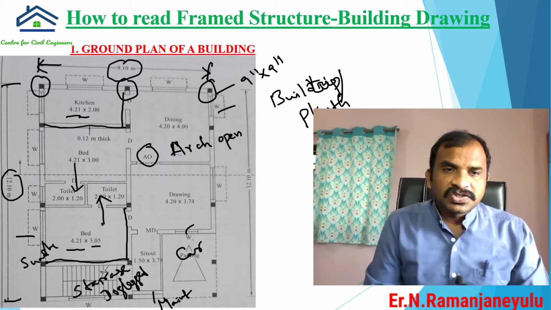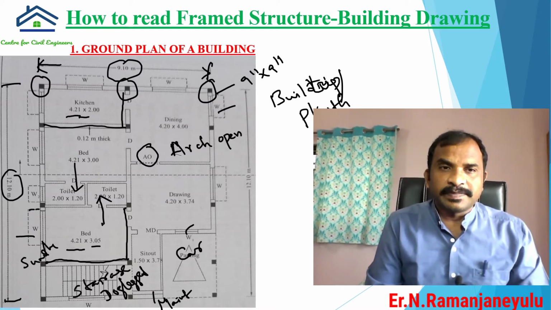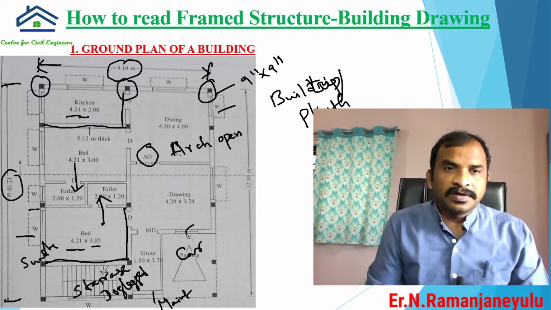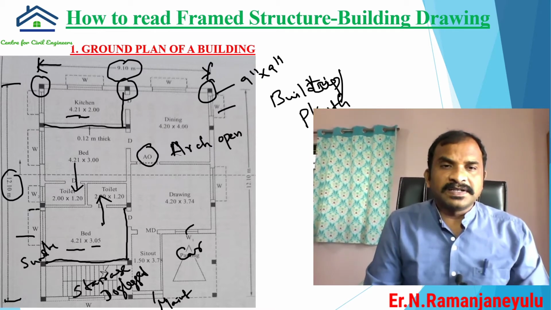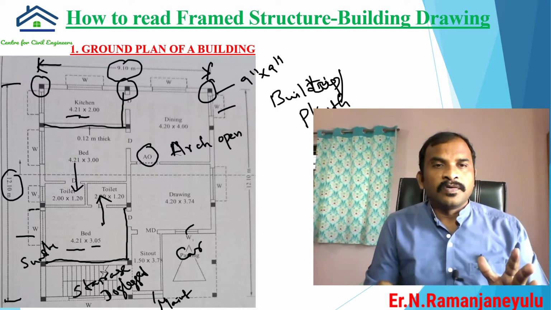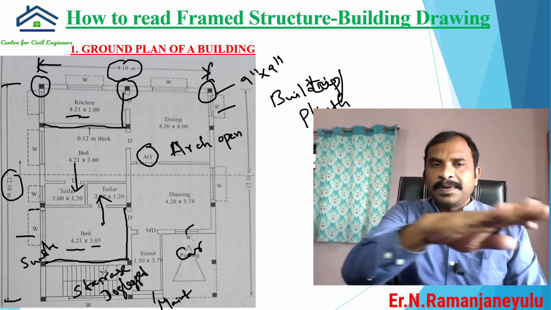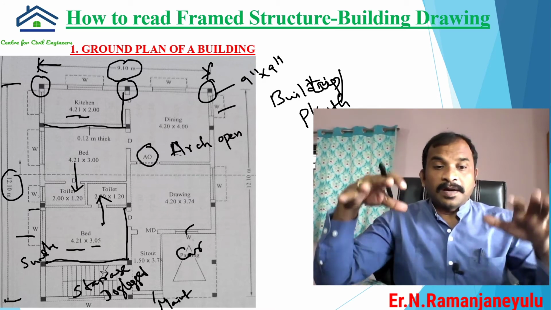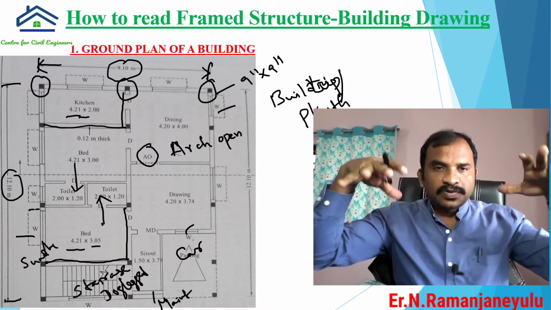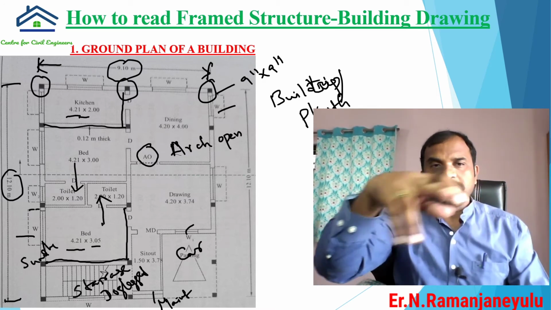Why is this sunshade drawn in a dotted line? All others you can see in thick lines, but only sunshades are drawn in a dotted line. Why? Because a plan is nothing but a top view. When the building is cut at sill level completely and removed and observed from the top side, whatever we are able to see is the plan.